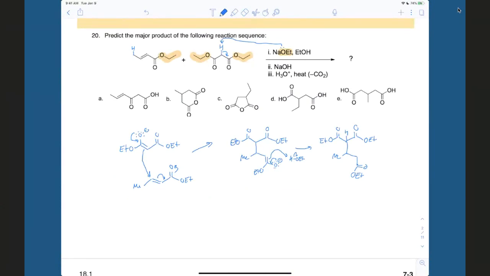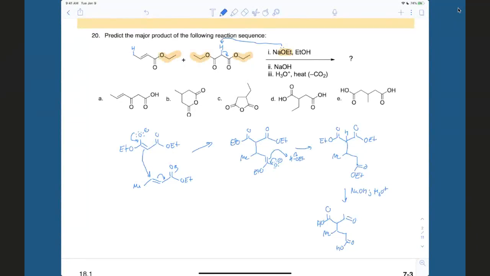When you add more sodium hydroxide to this, we're going to hydrolyze all of the esters. So I'm just going to write NaOH. We're going to have H3O plus. We still have this methyl branch.